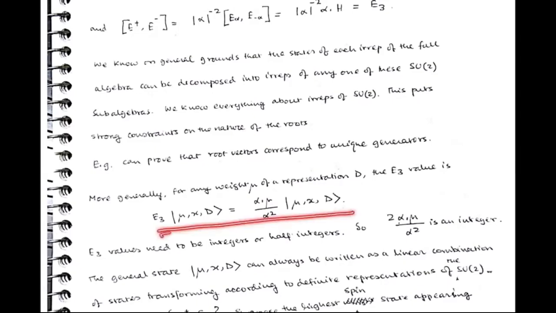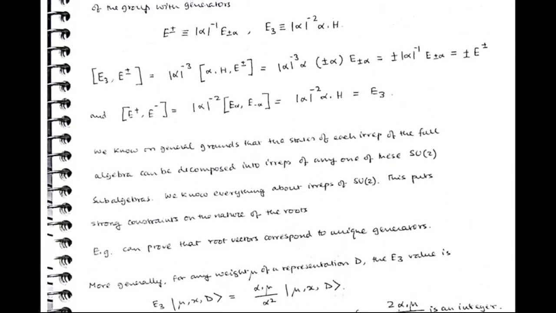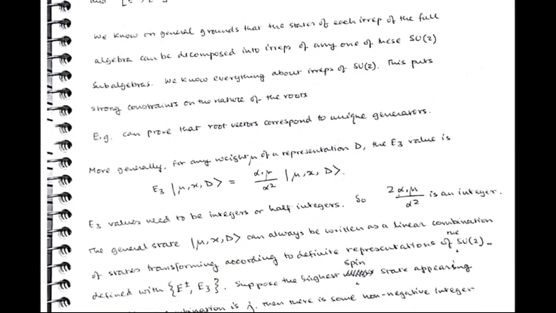This is something again that we know. You just remember what the definition of E3 was, and it'll just follow from there. H gave you just mu, so E3 is going to give you alpha dot mu by alpha squared.